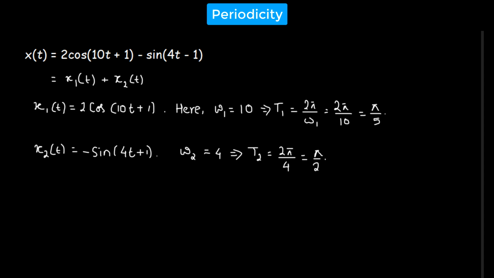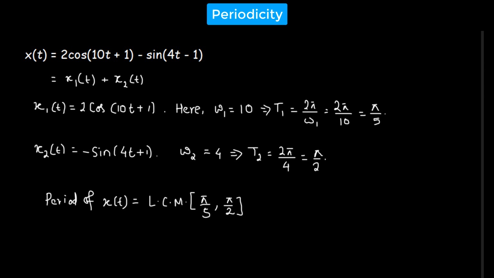Now, the period of x of t will be equal to the lowest common multiple of T1 and T2, that is, the lowest common multiple of pi over 5 and pi over 2.